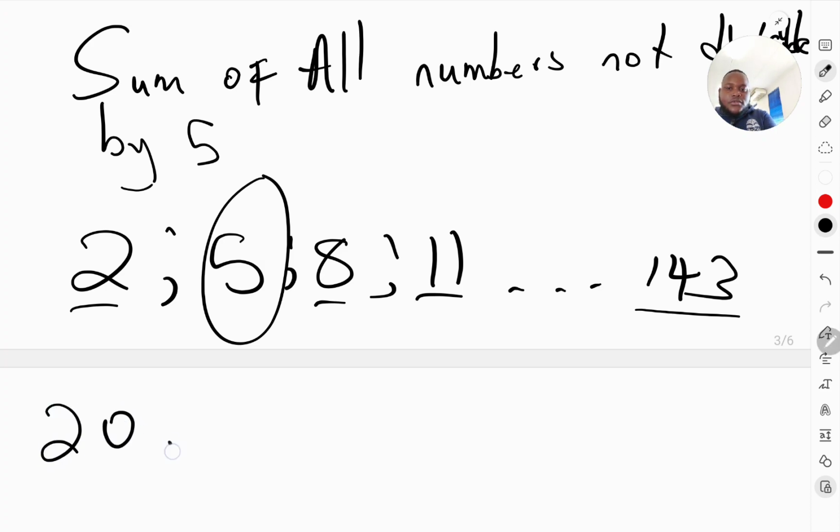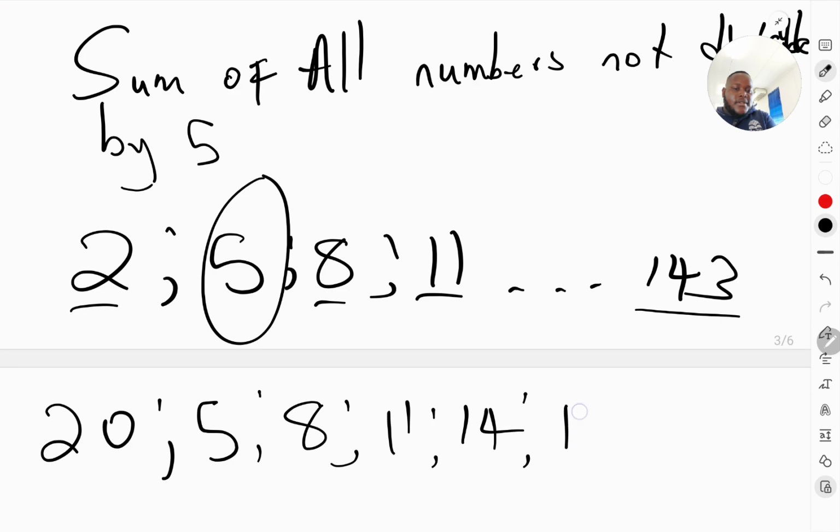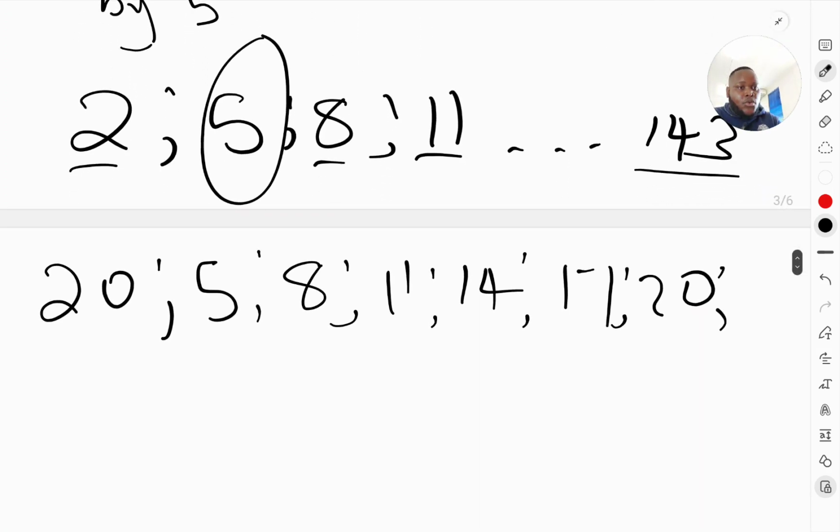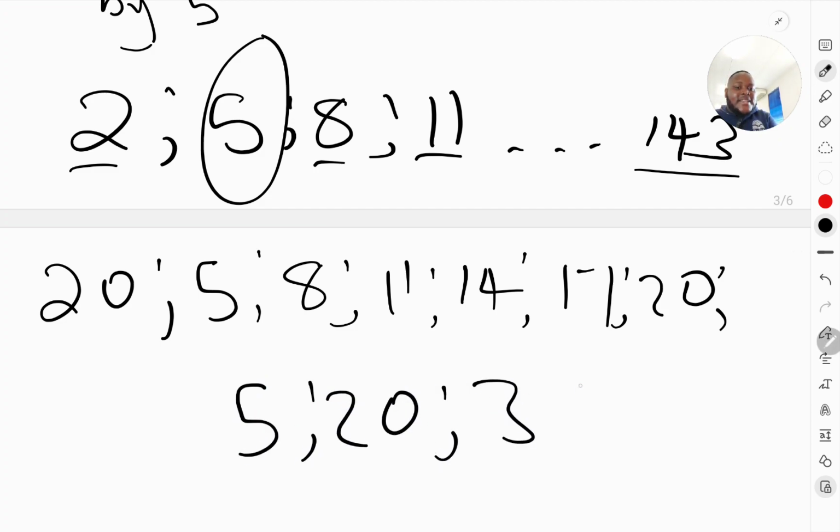So it's 2, 5, 8, 11, 14, 17, 20. Now after 20, what is the next number that is divisible by 5? I'll have 35. So all numbers in my sequence that are divisible by 5 are 5, 20, 35. So I am supposed to add all numbers that are not divisible by 5.